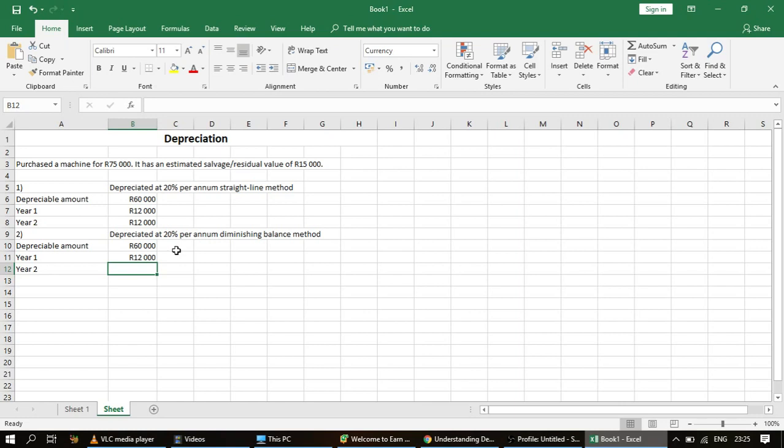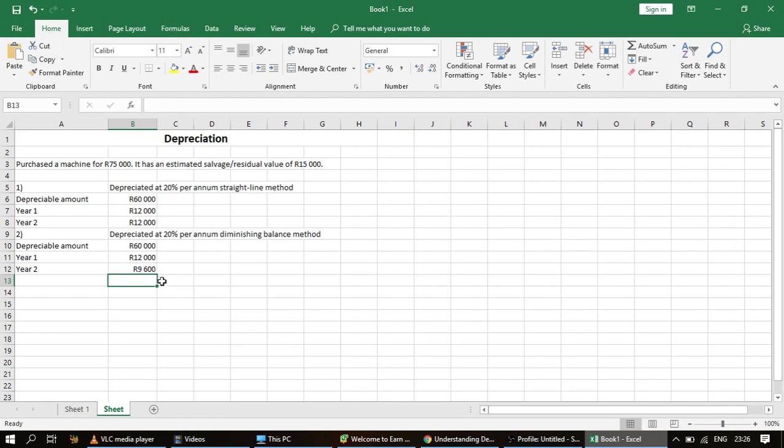Again, there's a link in the description below which explains what the carrying value is. But the carrying value is simply the depreciable amount minus any prior depreciation. So for the second year, we take the depreciable amount, which we have here, 60,000, minus the prior depreciation for the first year, which was 12,000, and then we put that in brackets, and then we multiply. So the answer for what is in brackets is called the carrying value.